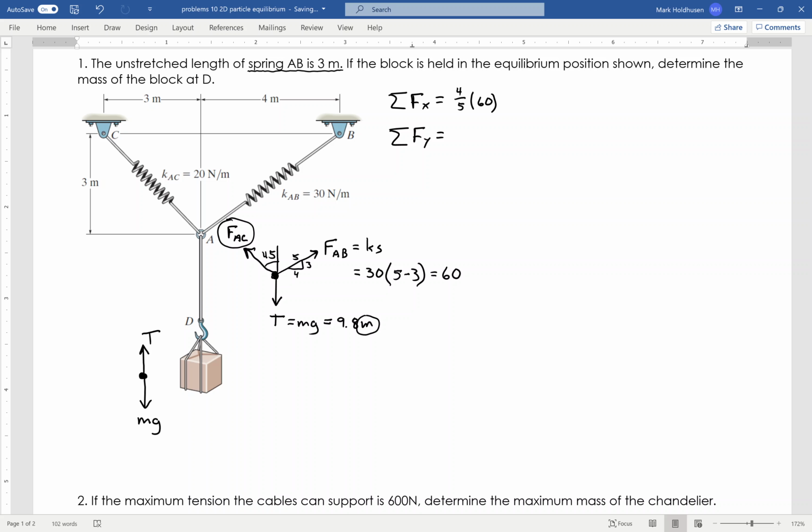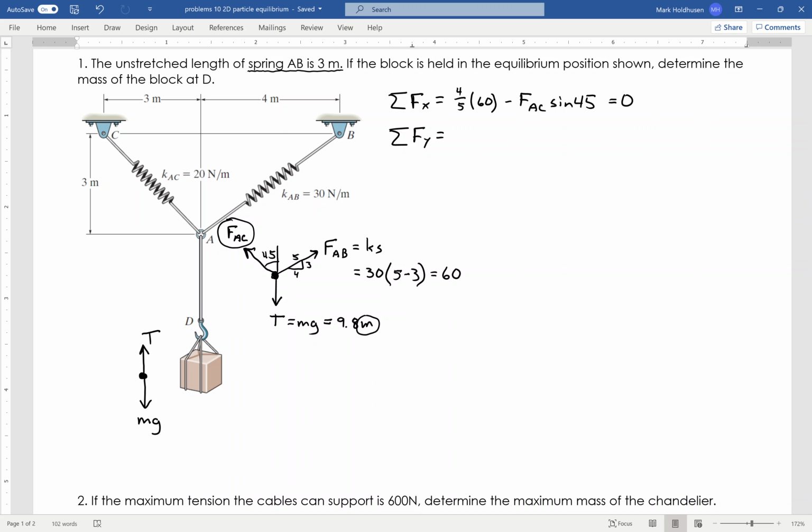The other force that I have in the x direction is my unknown FAC, so I'll say minus FAC sine 45. Those are my horizontal components of my forces here, right? The weight acts vertically, so it does not show up in the x equation. So I go ahead and set these equal to 0 because there is no acceleration. It's an equilibrium, so the sum of all these forces equals 0. So those are my horizontal forces that I've got.